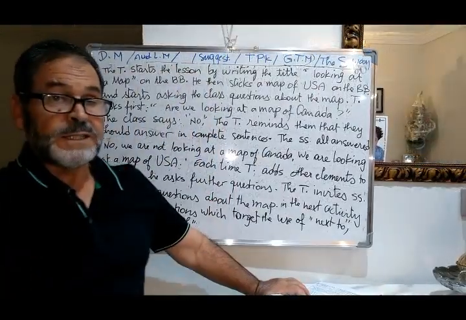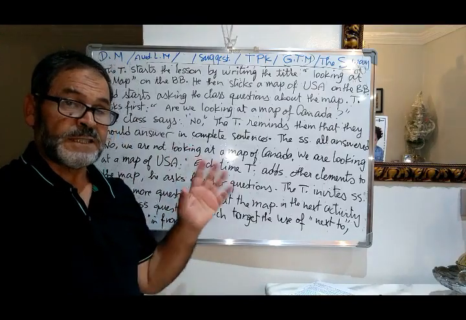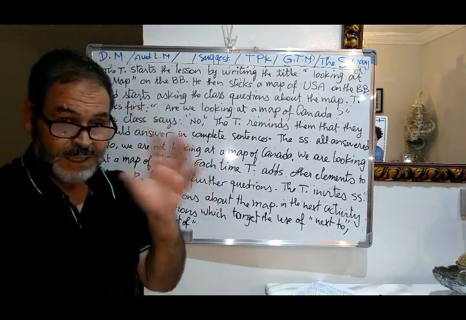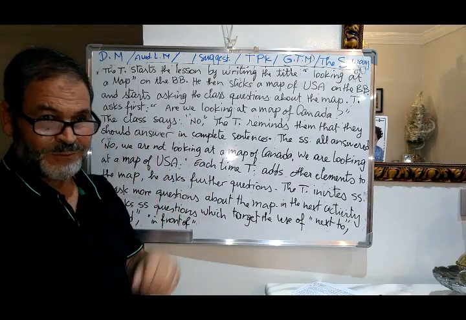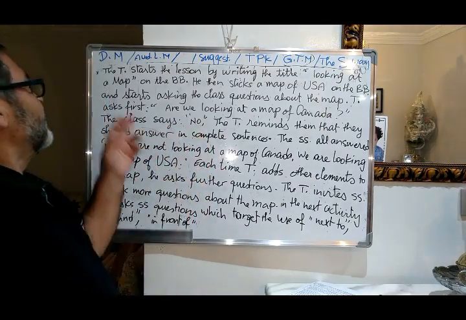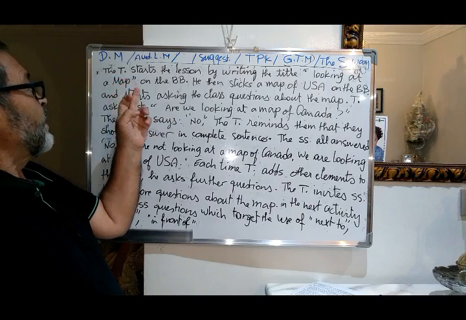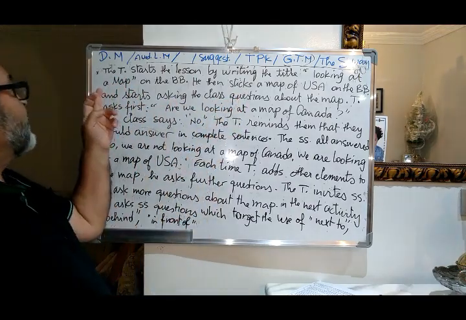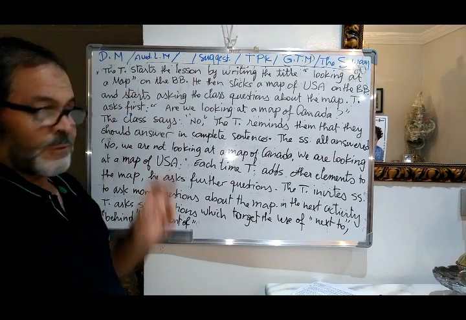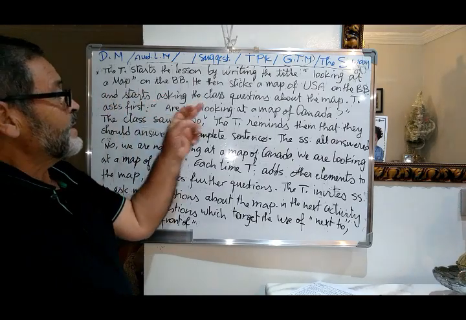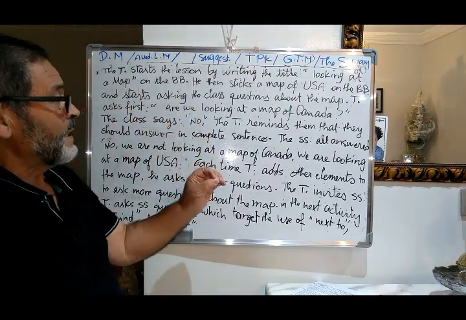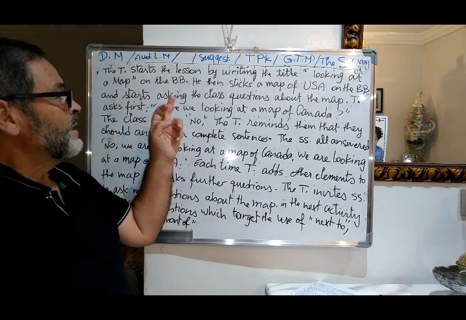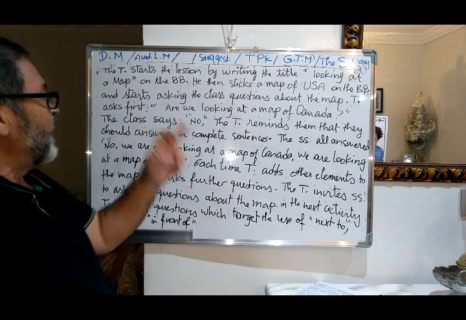We continue with the second passage. Let's read to see what the clues are and which method is concerned here. The teacher starts the lesson by writing the title "Looking at a Map" on the blackboard. He then sticks a map of USA on the blackboard and starts asking the class questions about the map.